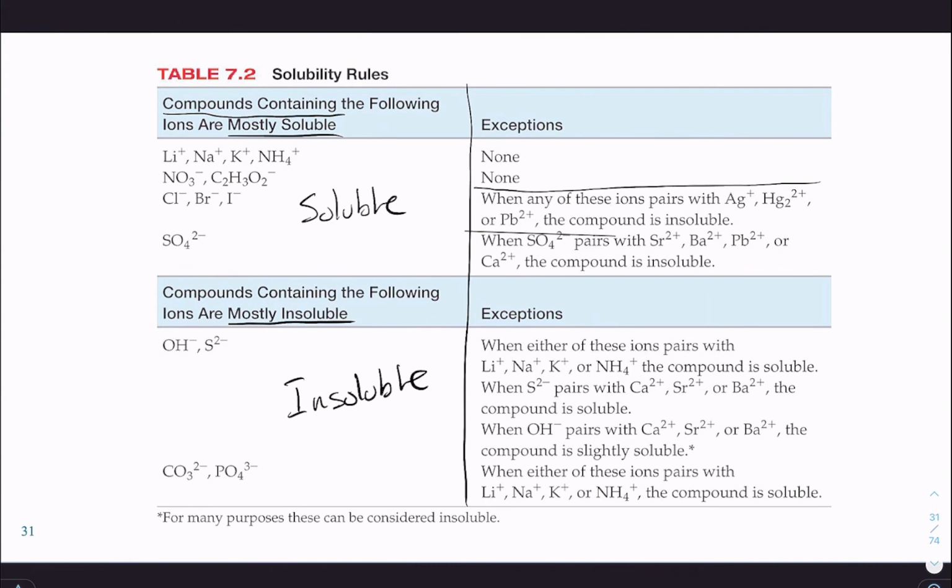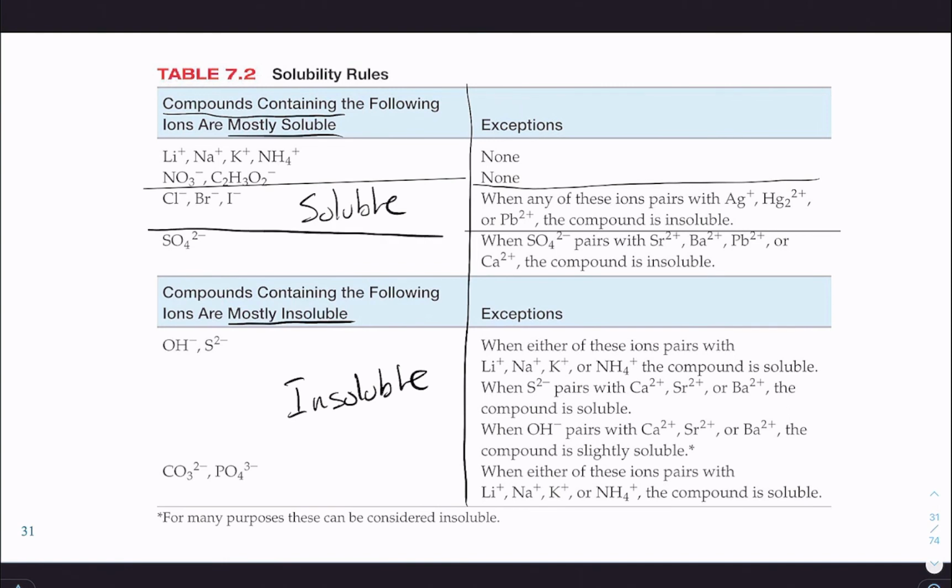Actually, I can make these straight lines. So it's like this list. These are exceptions for chlorine, bromine, and iodine. If that makes sense. So these are the exceptions for sulfate. So sulfate compounds are mostly soluble.